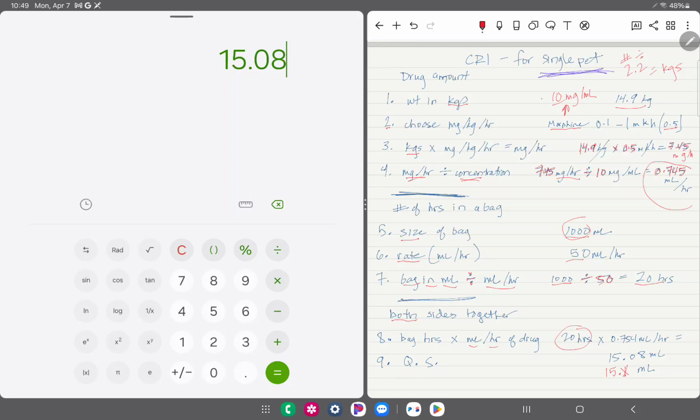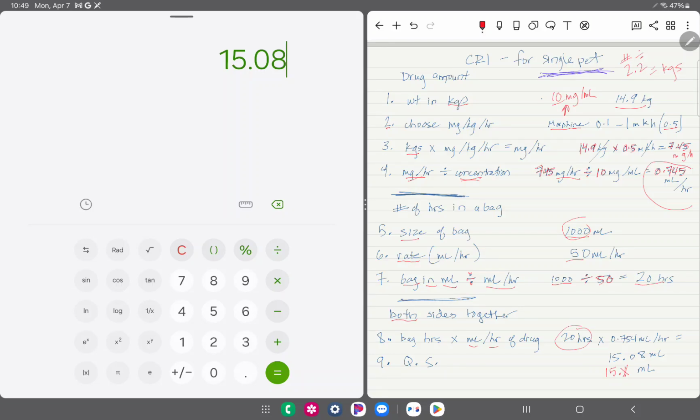The difference between 15 and 10, though, is not negligible. If I only put 10 mils in this bag, I have a completely different concentration. But if I put 15 mils in the bag, that extra 0.1 probably is not going to break the bank, so to speak. We'll still get proper pain management on the pet.